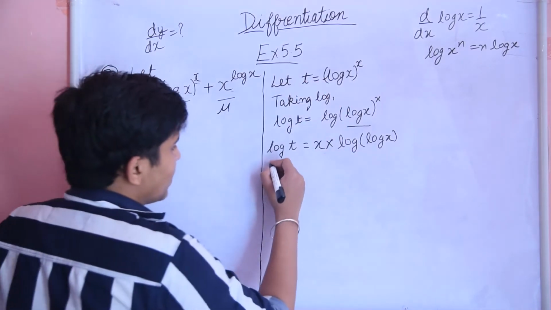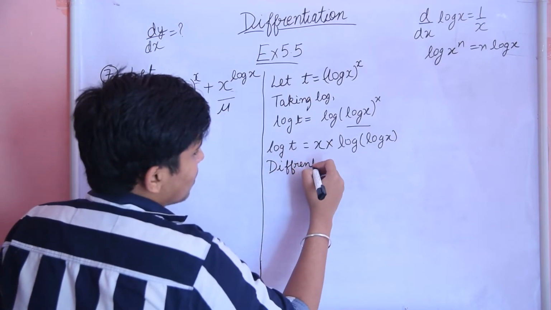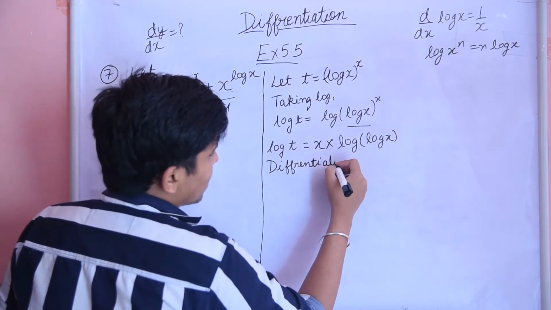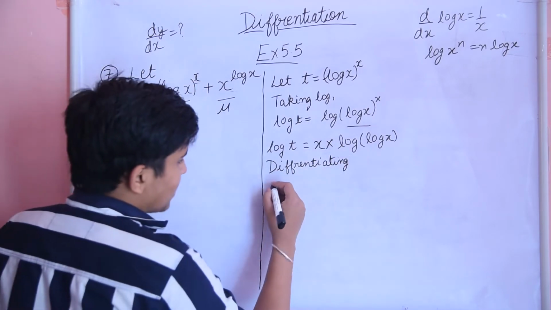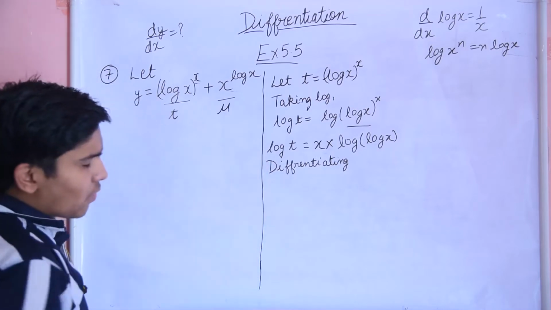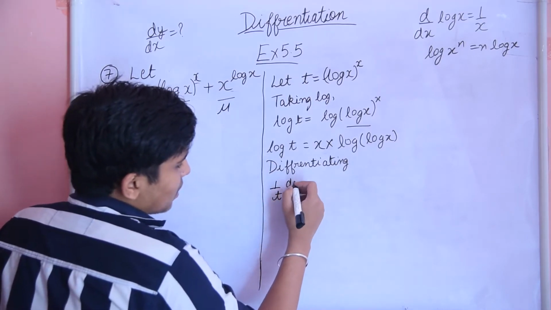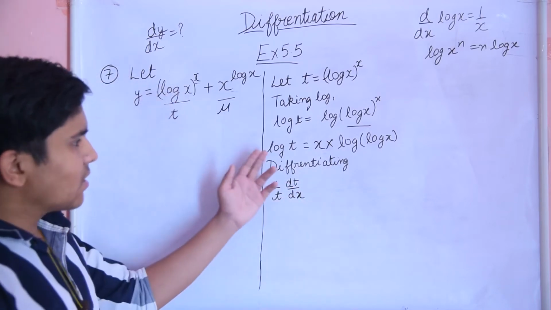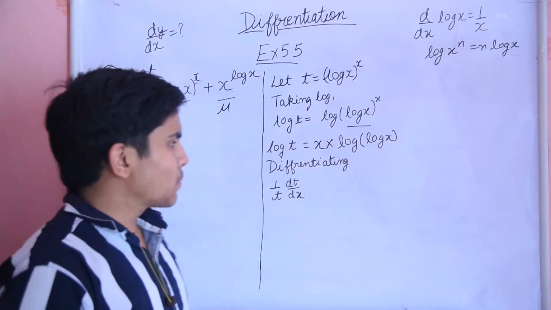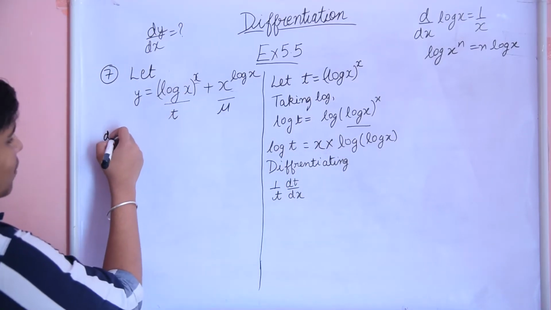So we will perform the differentiation operation here, differentiating both sides. After differentiation, log t gives 1 upon t into dt by dx. We differentiate this whole function with respect to x because we have to find dy by dx.